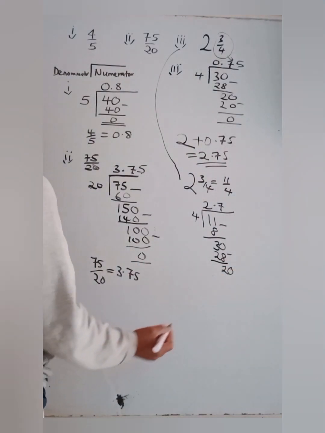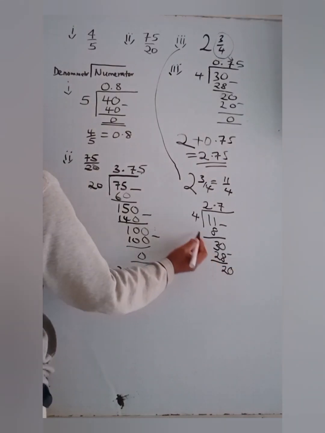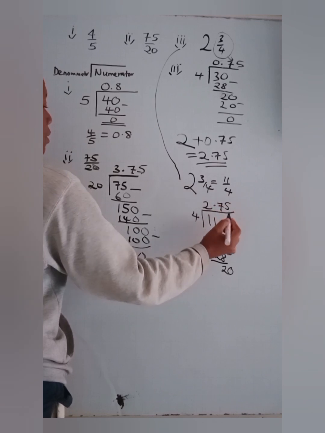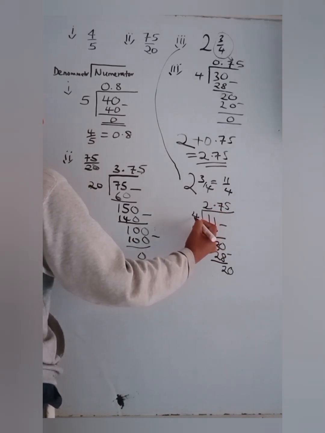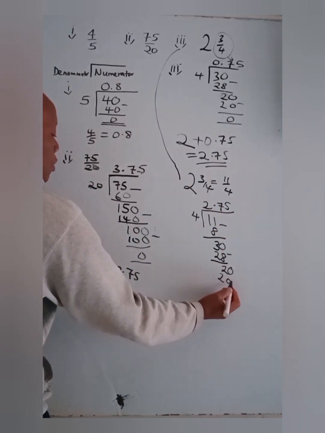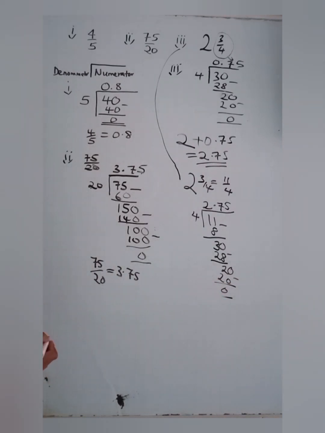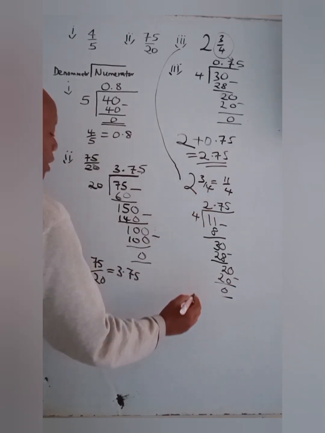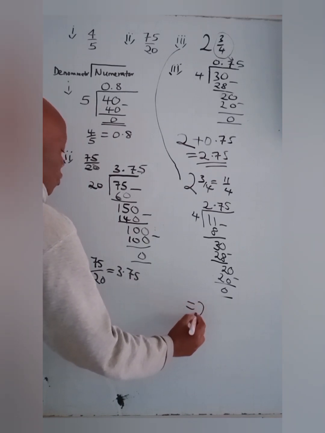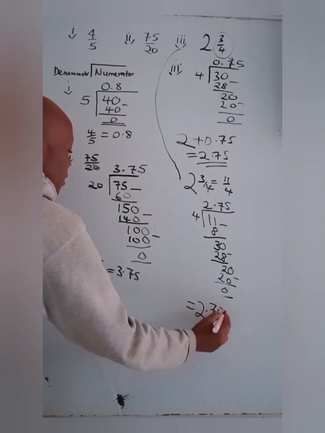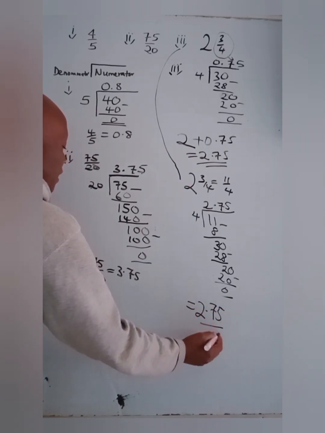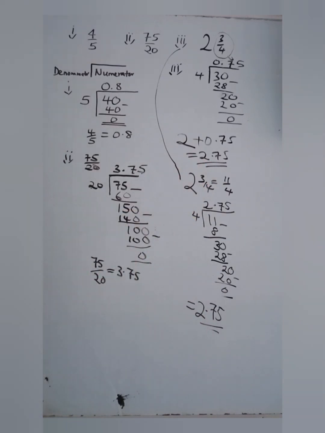We add a 0. 20 divided by 4 gives us 5. So 5 times 4 gives us 20. And when you subtract, you get 0 as the balance. So that means this one can be written in decimal form as 2.75. And the answer is the same as what you have found here. Thank you.